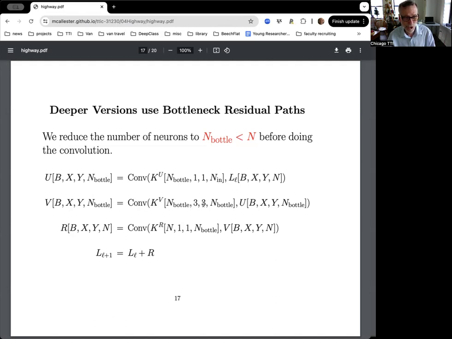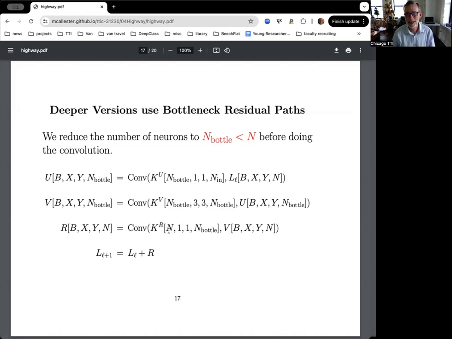This takes that and does a 3 by 3 convolution on it. It keeps the bottleneck dimension, the number of neurons in the bottleneck, the same, but it does a convolution. Then we expand it back to the original dimension. Here we were going from the input dimension to the bottleneck dimension. Here we're going from the bottleneck dimension back to the input dimension. So we're going back up from a small number of neurons in the bottleneck layer to a large number of neurons in the residual stream.